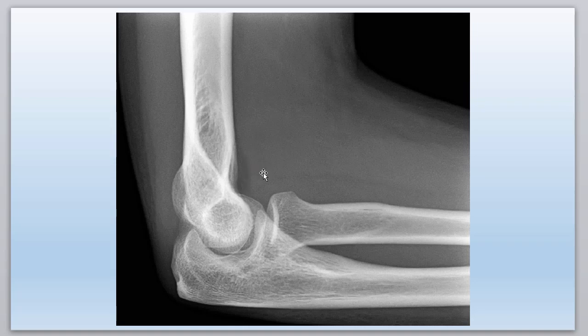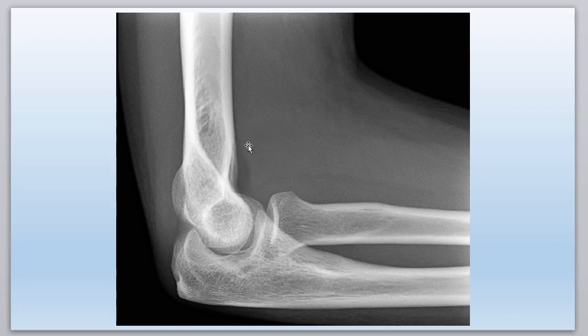If you see this anterior fat pad sign, there's most likely a fracture in here somewhere. Probably a 75% chance. I forget what the exact number is, but there's a high chance that there's a fracture somewhere in the capitulum, the coronoid process, the olecranon, trochlea. Something's fractured somewhere. Maybe the head of the radius was fractured. I don't see any fracture on here, but I definitely see a fat pad sign.